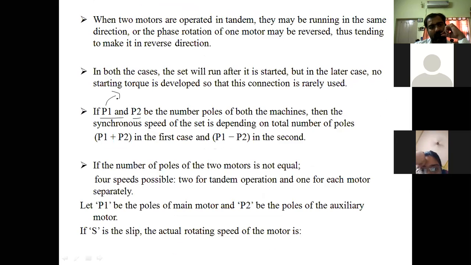P1 is the number of poles of your main motor and P2 is the number of poles of the auxiliary motor. In the first case the total number of poles is P1 plus P2, and in the second case P1 minus P2. Why this happens, we will check in the equations.